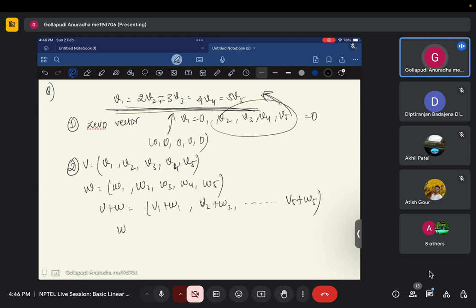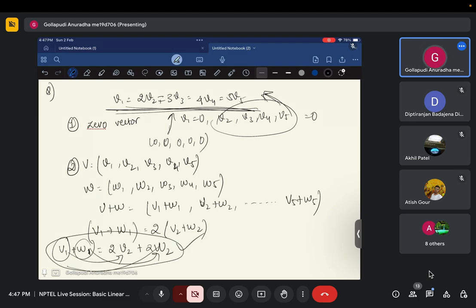For example, if I'm saying this thing, I can write it like this. This is obviously equal to this and this is obviously equal to this, so this condition will be true. Likewise for all the other things, so addition will satisfy.